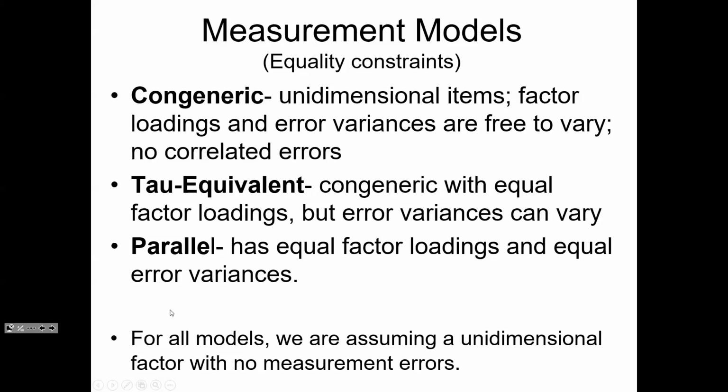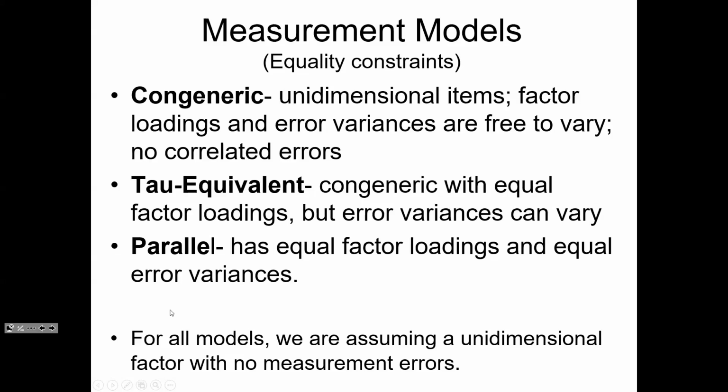Okay, but again, in a parallel model, when you constrain the factor loadings to be equal and the error variances to be equal, you're really saying that these items have the same variance. The equal loadings say the factor equally predicts all of these items, and we'd like our items to be equally predicted by the factor.